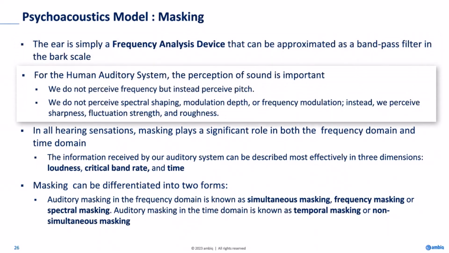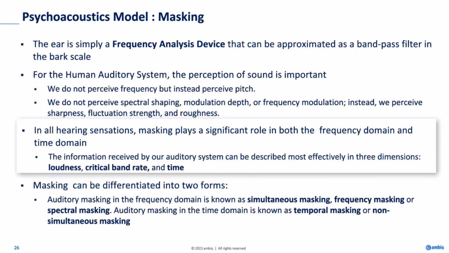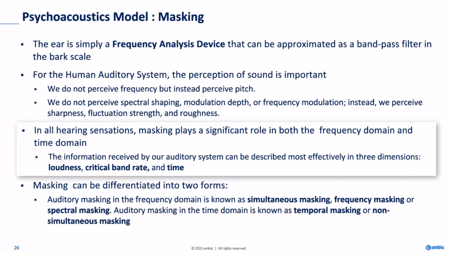For the human auditory system, the perception of sound is important. We do not perceive frequency; instead, we perceive pitch. We do not perceive spectral shaping, modulation depth, or frequency modulation; instead, we perceive sharpness, fluctuation strength, or roughness. In all hearing sensation, masking plays a significant role in both the frequency domain and time domain.